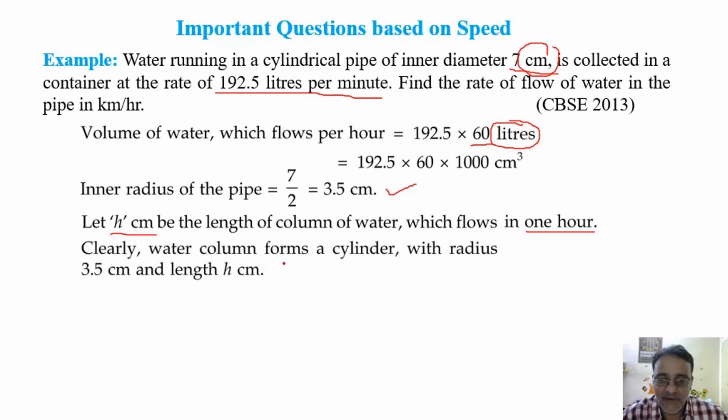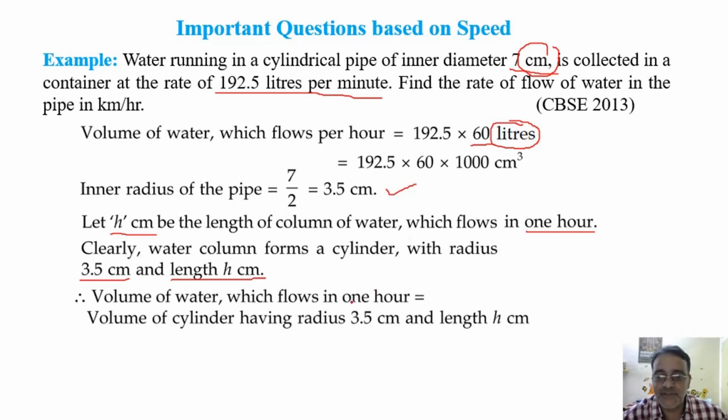Okay, it will form a cylinder with radius 3.5 centimeter and length h centimeter. So volume of water which flows in 1 hour will be equals to volume of cylinder having the radius 3.5 centimeter and length h centimeter. So this we already got, which we have calculated here.